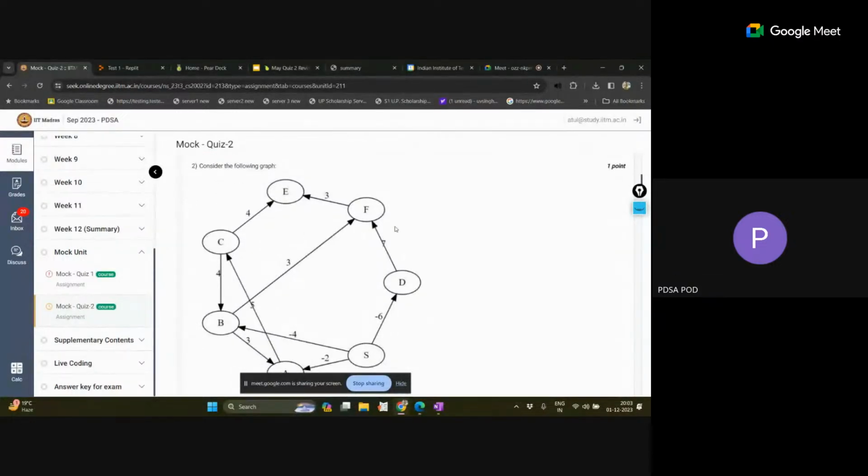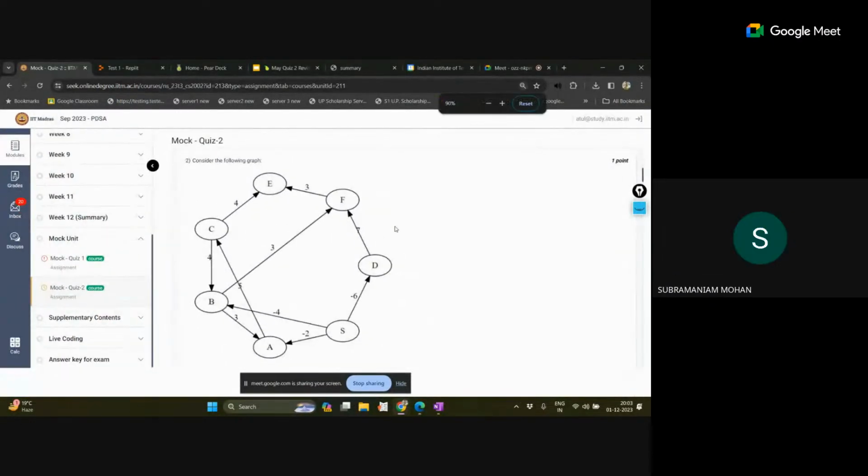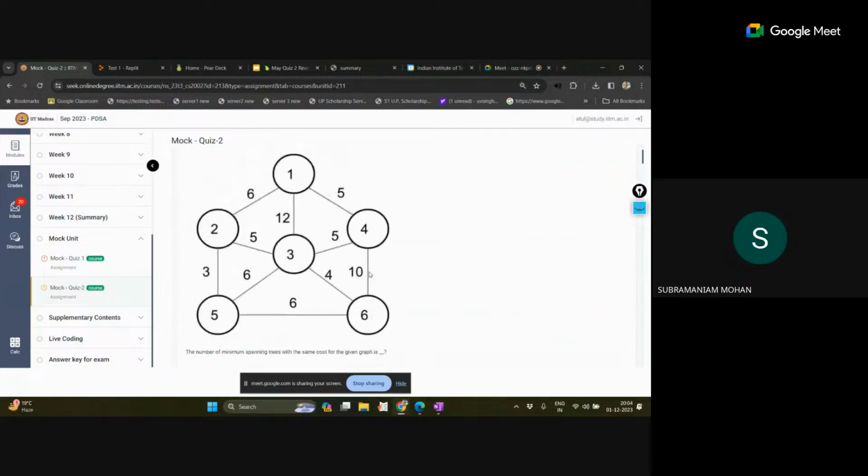Sir, before that, question one, I have a very basic clarification. In question one, when we have equal weights in multiple edges, that too on the lower side, how is it ending up with only one MCST? No, we have to check whether we can replace that similar weight edge with another edge in a different MST or not.